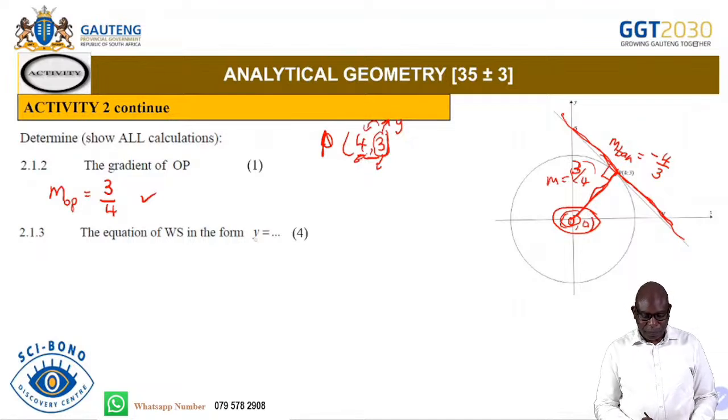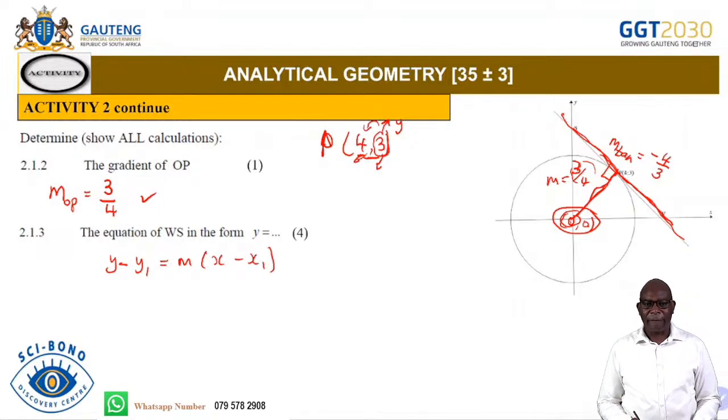Now we need the equation. Remember, we write this formula for the equation, which is an easy formula to remember, and comes from the gradient formula. My point is this, so my y will be positive 3.